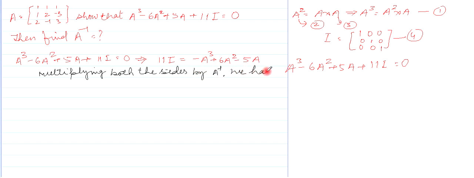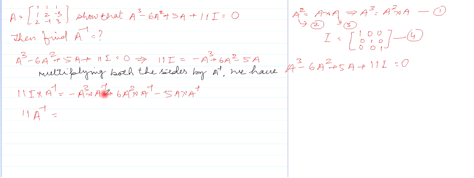So we can write the given expression as 11I multiplied by A inverse equals minus A cube multiplied by A inverse plus 6A square multiplied by A inverse minus 5A multiplied by A inverse. So what comes here? 11I into A inverse: multiplication of the identity matrix to any matrix is the matrix itself, so A inverse will come here.